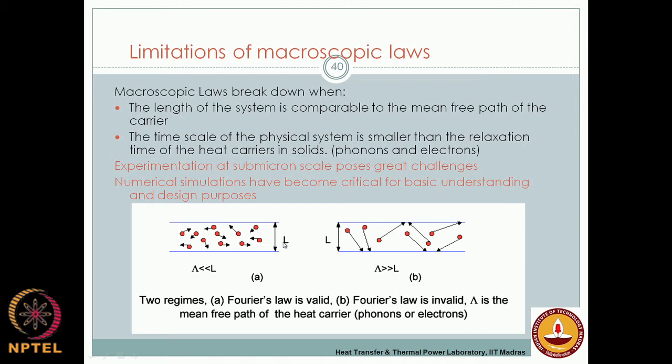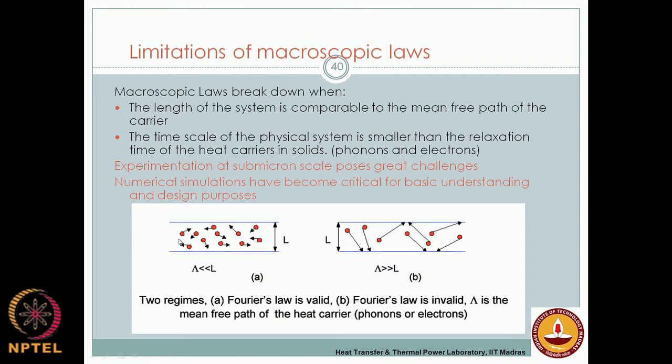Typically, if you look at the illustration here, figure A shows the classical continuum approximation, where the mean free path is much smaller than your characteristic length scale, between say two plates. Here the energy carriers are so many in number, densely packed, and they have sufficient collisions with each other and also with the boundary of the system.